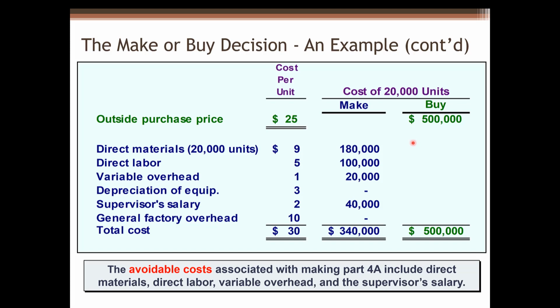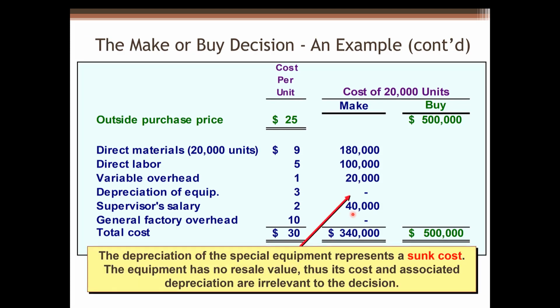To make part 4A, avoidable costs include direct materials, direct labor, variable overhead, and supervisor's salary. So we can calculate that the total cost of making 20,000 units of 4A is $340,000. Here, the depreciation of special equipment is related to the cost of equipment, and it's a sunk cost.